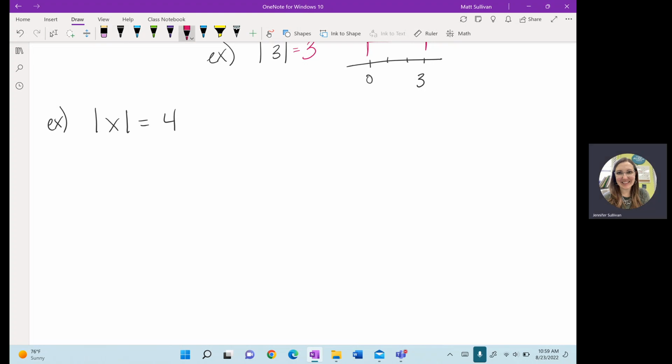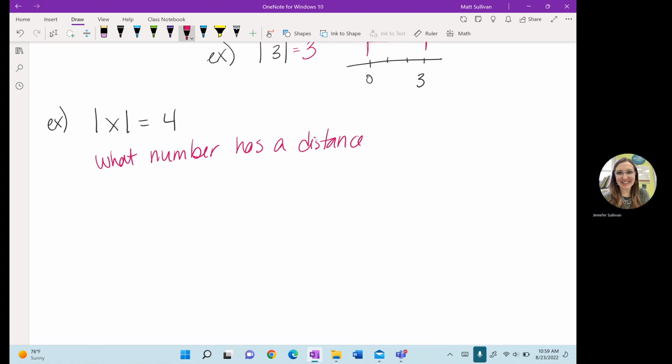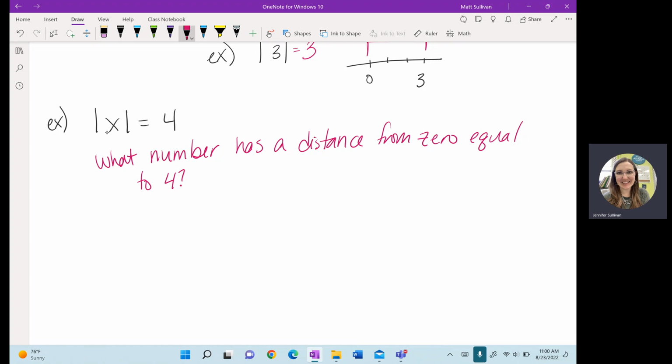Well, first of all, what we're saying is basically in question form, what number has a distance from 0 equal to 4? Anytime we see our variable, we read that in words, what number, because it's our unknown.